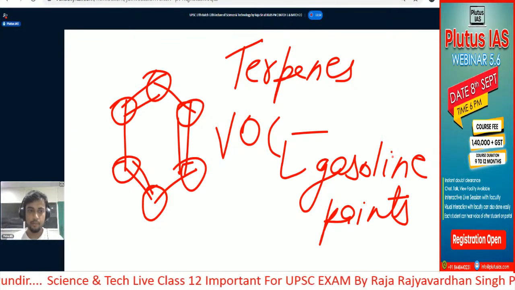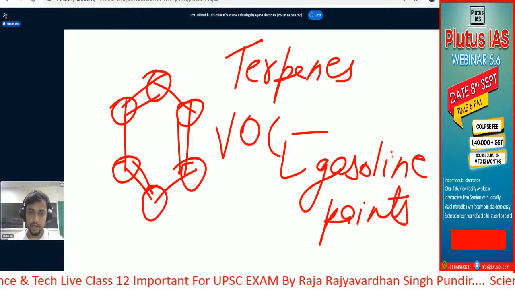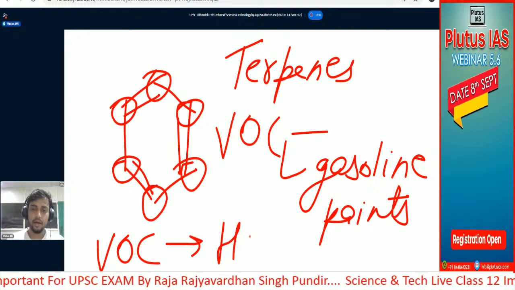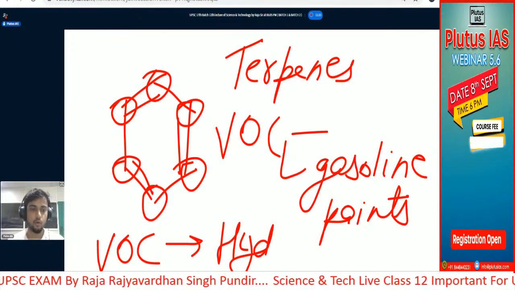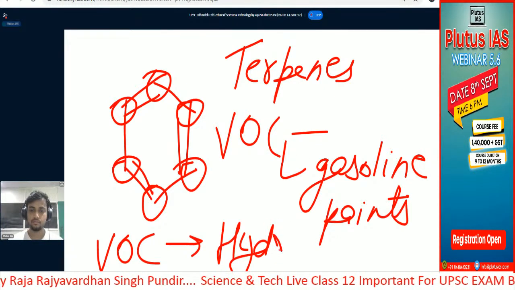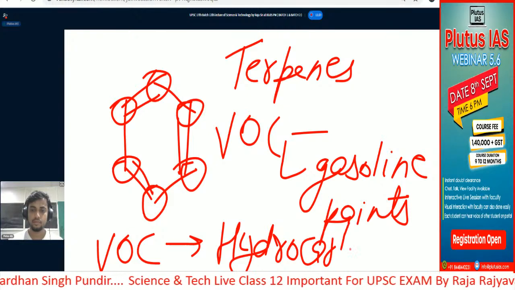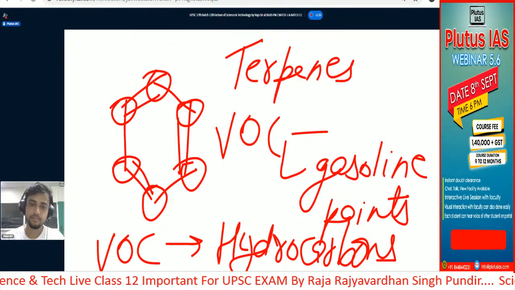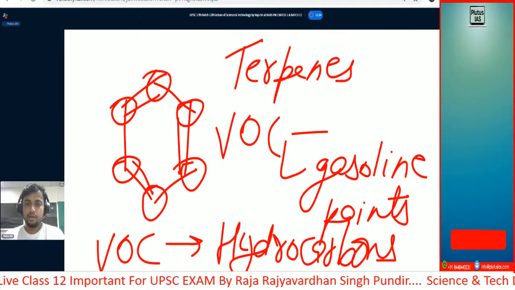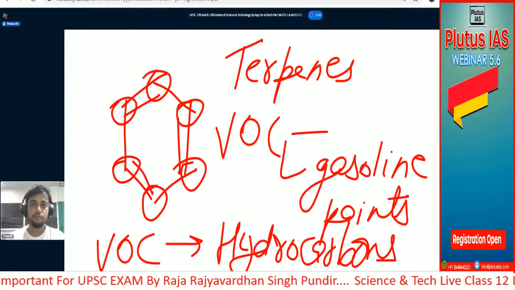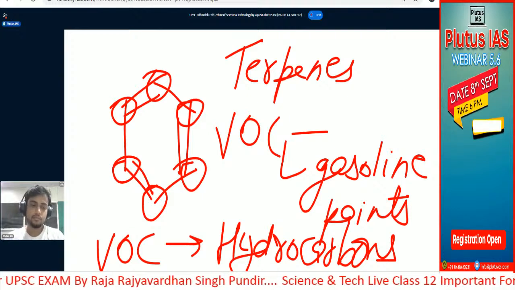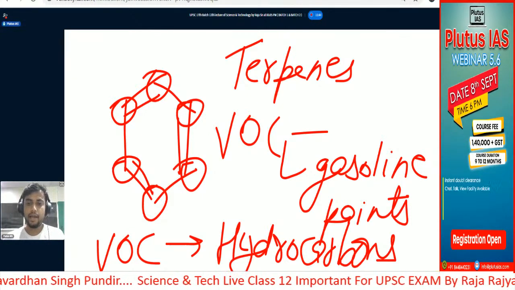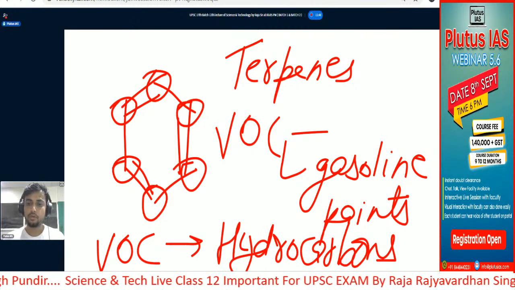So these are the primary pollutants, volatile organic compounds, and basically from the volatile organic compounds, the hydrocarbons are obtained. Volatile organic compounds are a source of hydrocarbons. And by way of chemical reaction between the primary pollutants, these secondary pollutants are obtained. Okay, and the photochemical smog is formed.